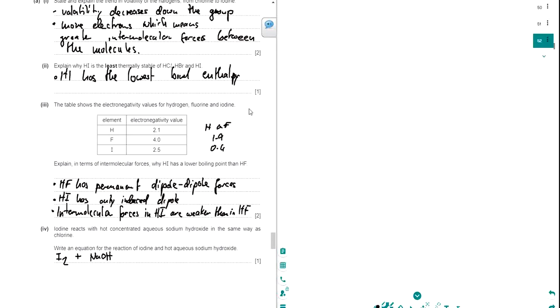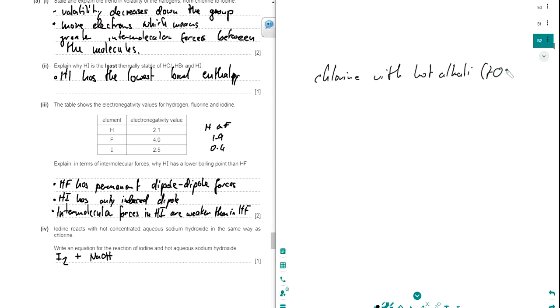And yeah, this is a reaction that we need to remember for A-level. This is the reaction of chlorine with hot alkali at around 70 degrees Celsius.